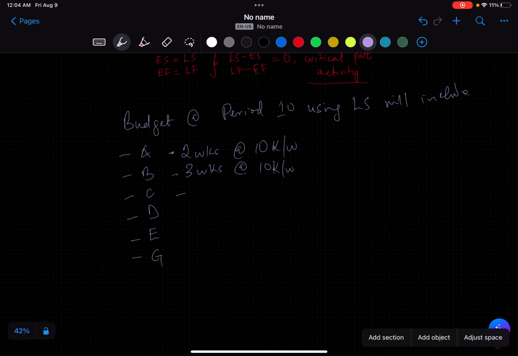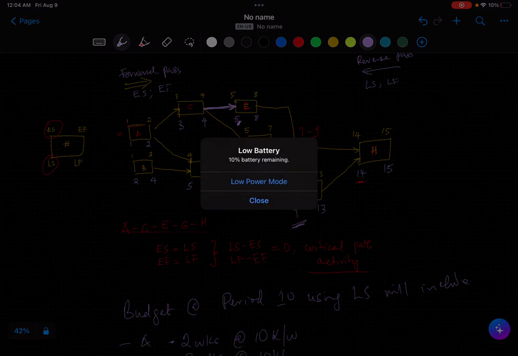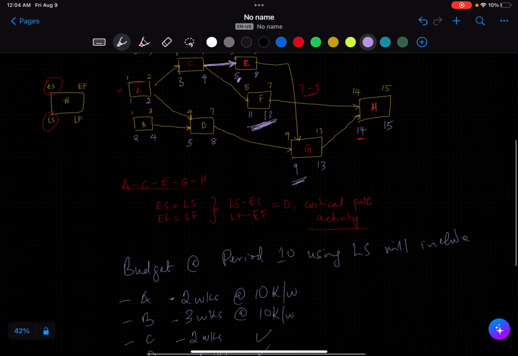C takes 2 weeks, similarly at 10k. D is 4 weeks at 10k per week. D finishes on week 8, so that's fine.